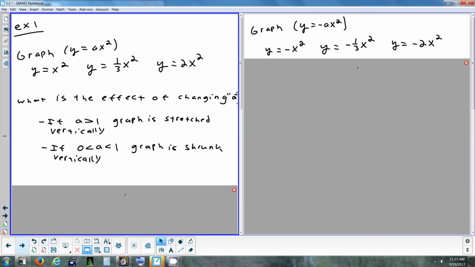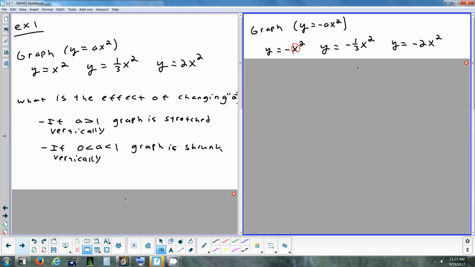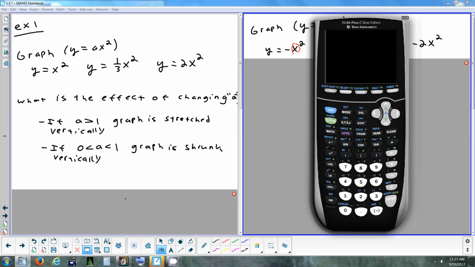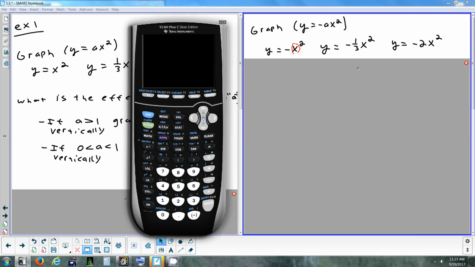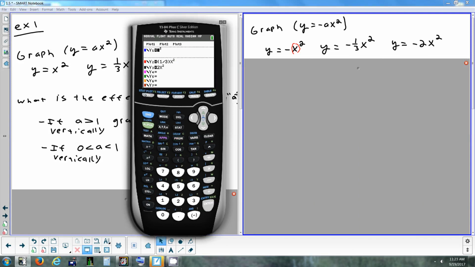How about Josh? It went upside down. Yeah, it's going to flip it. There's a big difference between putting the negative inside parentheses with x or putting it outside, in front of the x. I'll just graph y equals x squared and negative x squared, so you can see the difference.